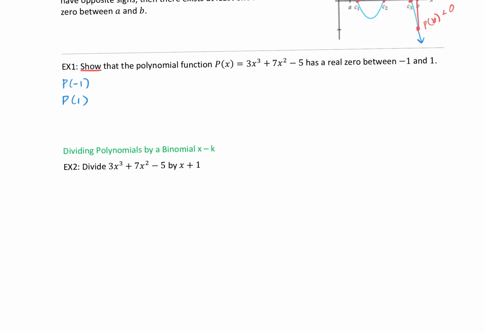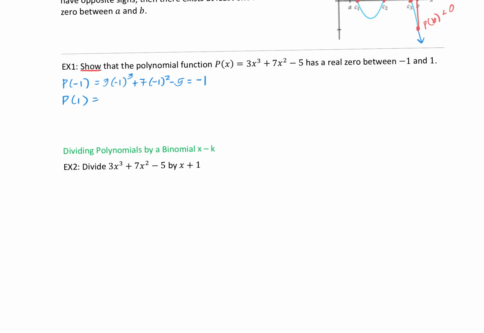If I were to put -1 into this polynomial, it would be equal to 3 times -1 to the third plus 7 times -1 squared minus 5, which would be -3 plus 7 minus 5. So it looks like it's going to be -1. So notice that p of -1 is negative.